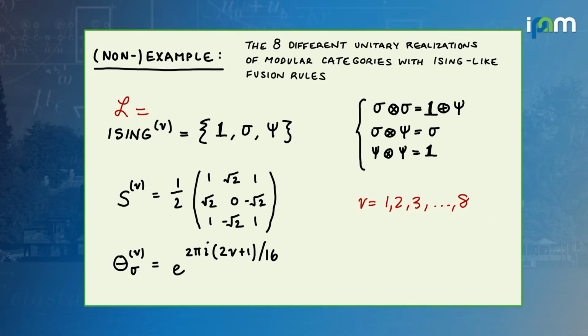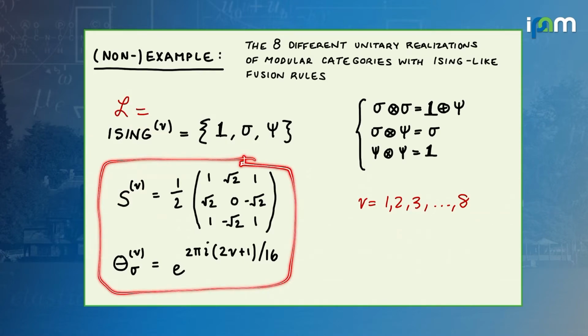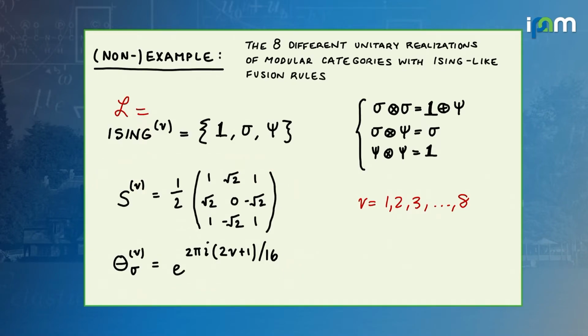No dependence on nu. But the twist is different. So if somebody just handed you some set of modular data, you would be able to look at the twists and figure out which one of these 8 categories you had on your hand, okay? So these are not modular isotopes. They have different modular data, and there are 8 different ones.